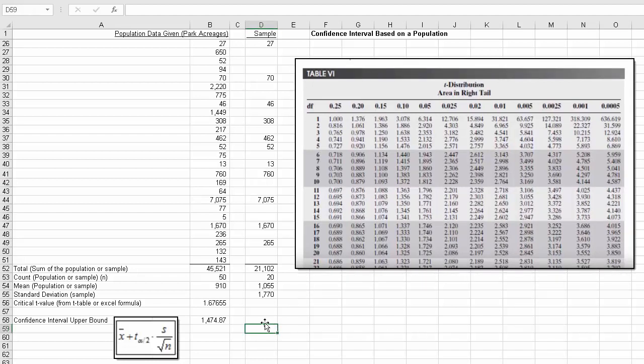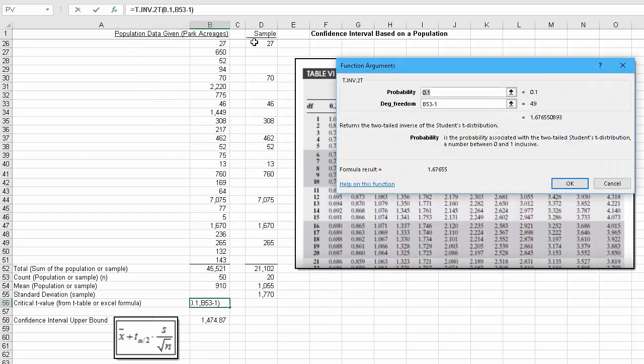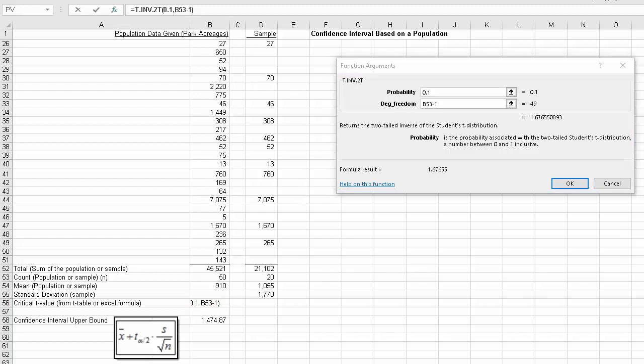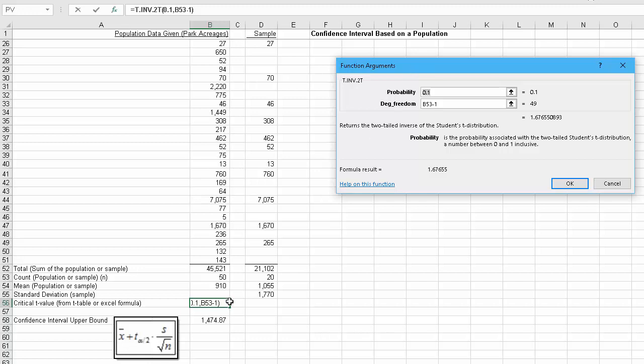But Excel helps you out, and I'll show you that I actually worked this ahead of time for you. Let me call this up. All right, now I moved the table out of there so it's not in our way. So when I click on this cell, or bring up this formula, we can see what the formula is, and the formula is equal t.inv.2t.